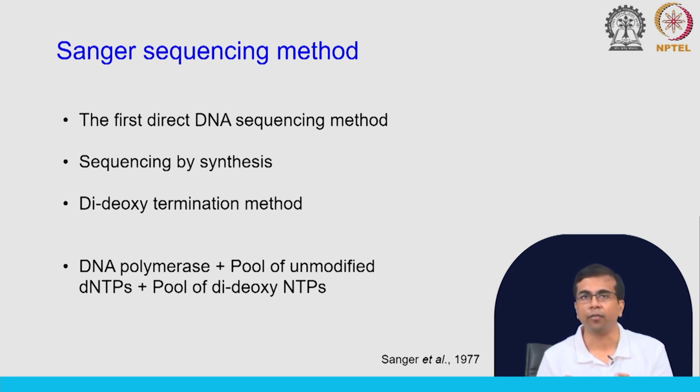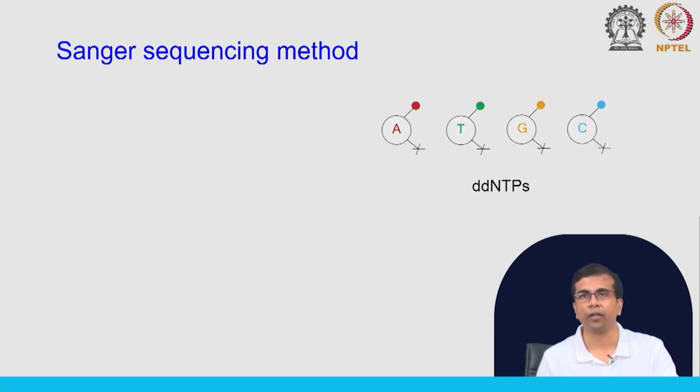Okay. Now, what should be the ratio of these unmodified dNTPs and the dideoxy NTPs? There are specific ratios that we have to follow, again depending on the length of the molecule that we are sequencing, right. So, again there is a specific ratio that we follow in this process. Okay. So, just to illustrate this now, these are the dideoxy NTPs. I have just put them in some schematic, right.